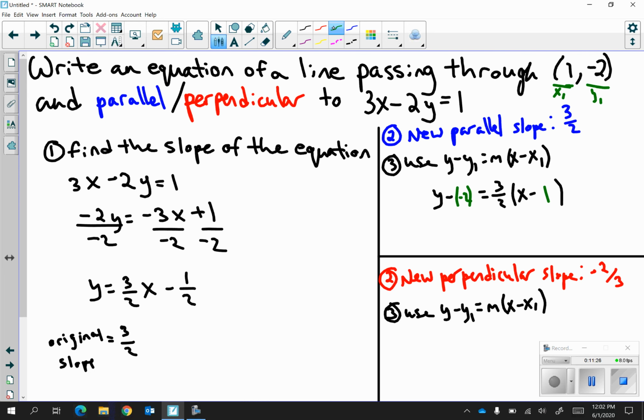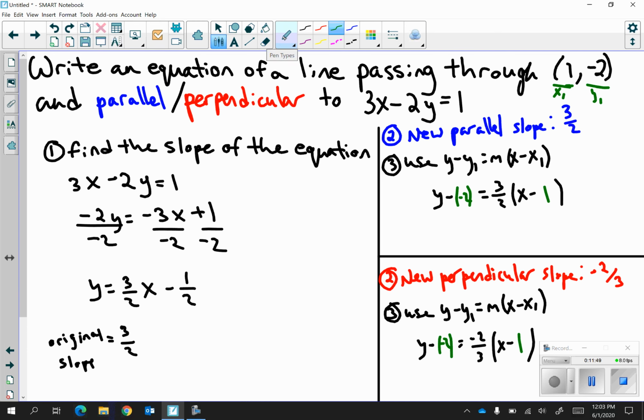For the next one, we have the same thing. We have y minus something is equal to our perpendicular slope of -2/3, x minus something. And when you insert your coordinates, you have y minus -2 and x minus 1.